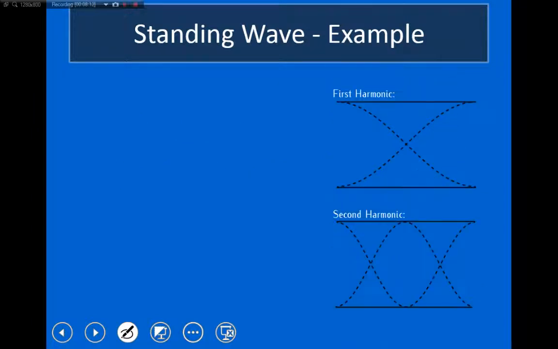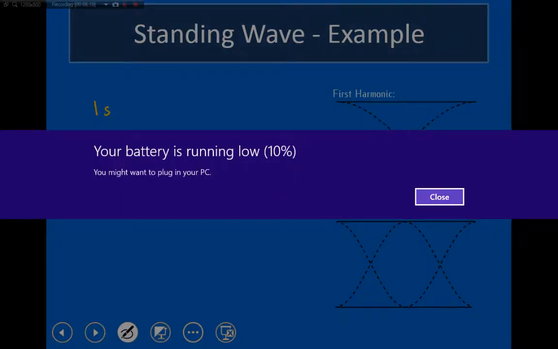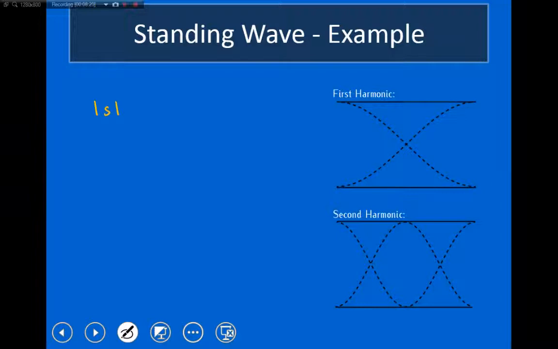Now let's consider a wave where both ends are free. Looking at this, again, my first harmonic, we have 2 antinodes, 1 at each end, and I have 1 node here in the center. So we have 1 node and 2 antinodes.